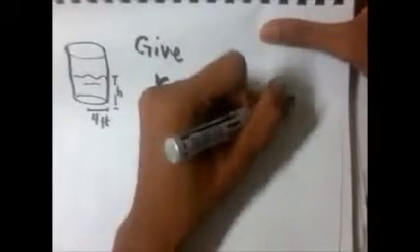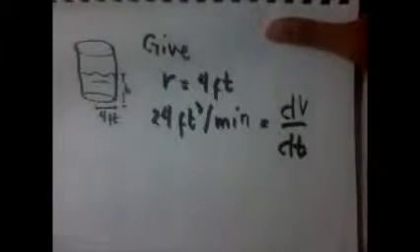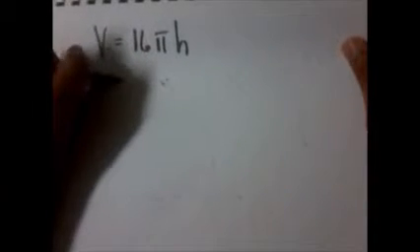This is our dV/dt. We all know that our volume is 16 π times the height. And then our unknown is dh/dt, where dh/dt is the rate at which the water level is rising.